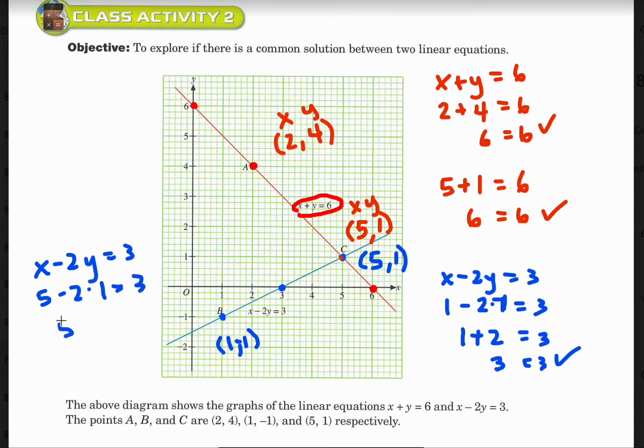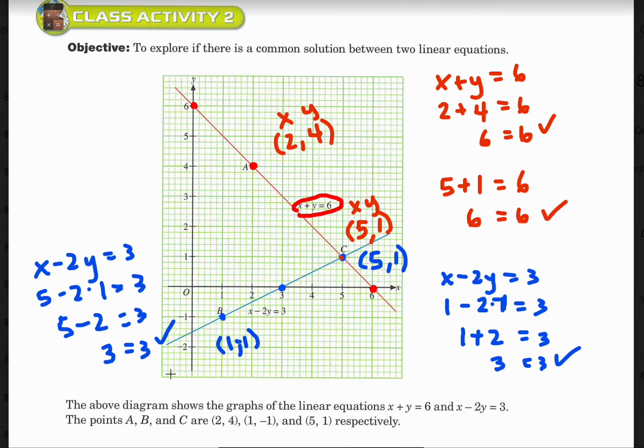I solve my multiplication first. 2 times 1 is 2, so it's minus 2. And 5 minus 2 is equal to 3. Yes, so if you notice, the points on the line work, and they both share 5, 1 as well. So 5, 1 works for both of them. That is their common solution.